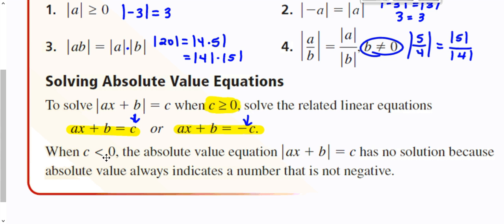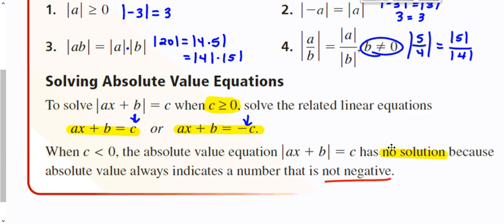If c is less than 0, the absolute value equation has no solution because absolute value always indicates a number that is not negative. So if I take the absolute value, just like we set up here, it has to equal something positive. If it says it's equal to a negative, then there's no solution.